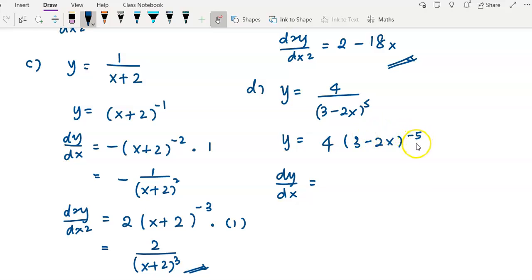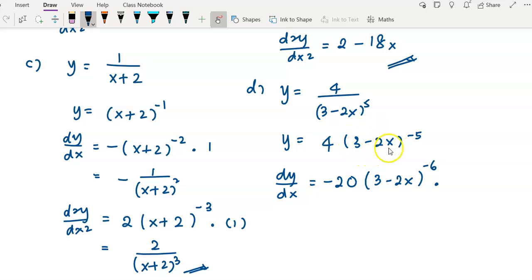So how are you going to differentiate it? You take the negative 5, move it to the front, multiply with the 4, you get negative 20. And then what is inside the bracket, just leave it first. Just focus on the power. You get negative 5 minus 1, you get negative 6. And this is the inner function, just copy it down without changing anything. And then after that, multiply by, now it's a turn for you to differentiate the inner function.